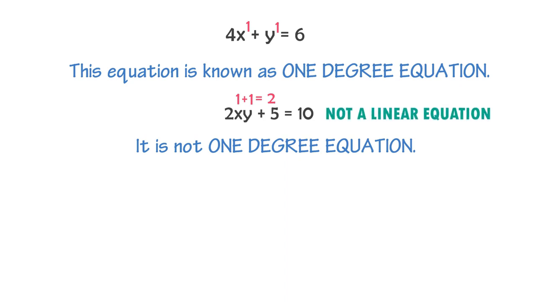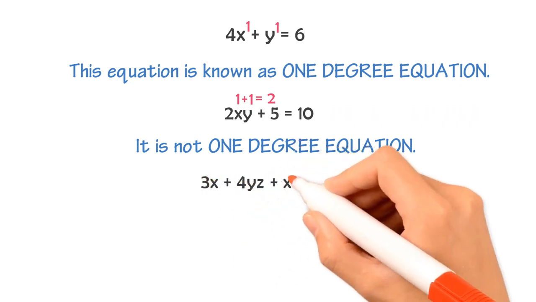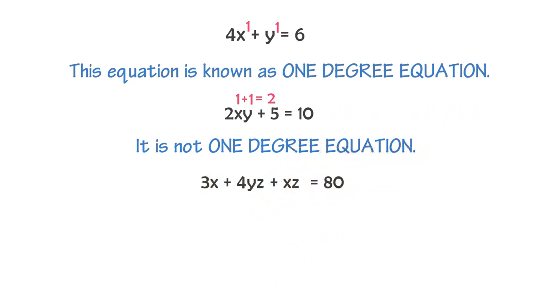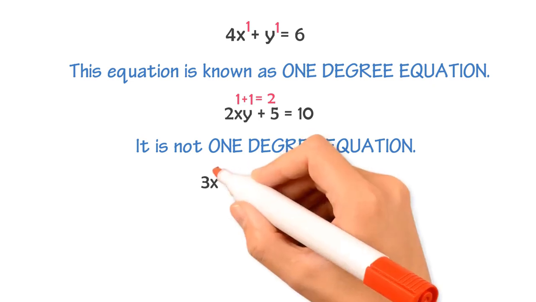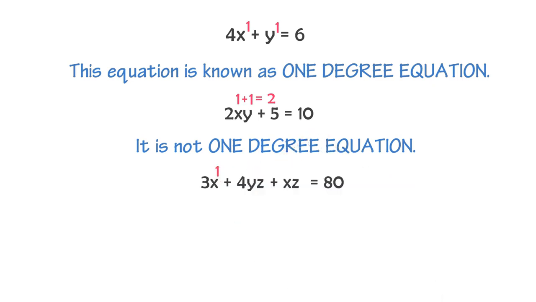Now again, if I write 3x plus 4yz plus xz is equal to 80. In this equation, there are four terms. The power of first term x is 1. The power of second term y is 1, and the power of z is also 1. Hence 1 plus 1 is equal to 2.